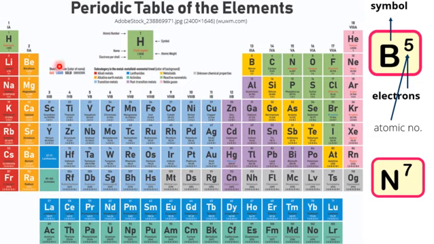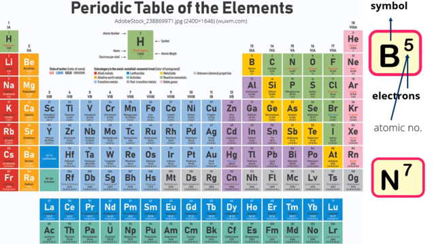Hydrogen, lithium, sodium, potassium, and rubidium all belong to group 1 because they belong to column number 1. While fluorine, chlorine, and bromine all belong to group 7 because they all belong to column number 7.